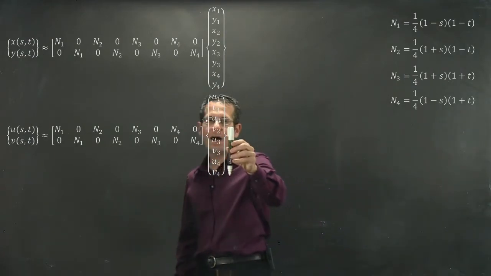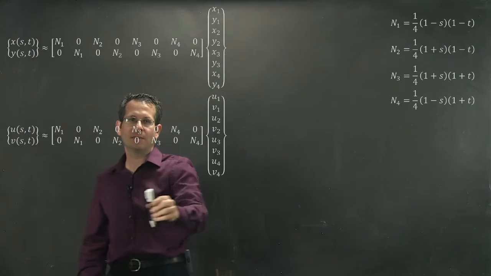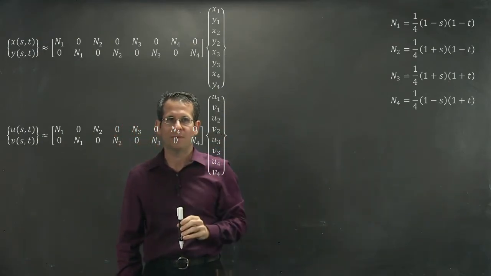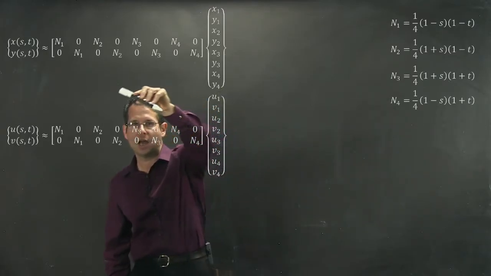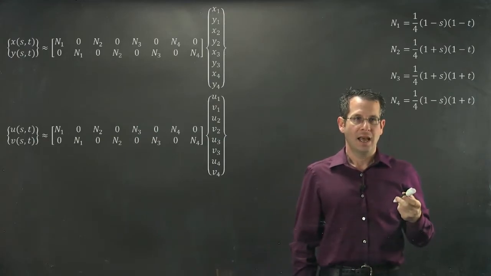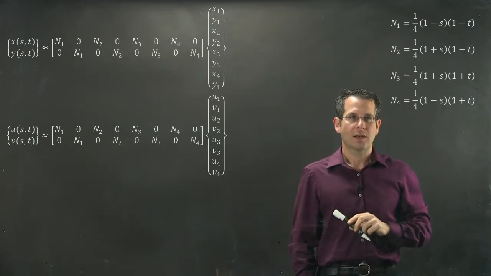All right, so now I have my displacement vector I'm trying to solve for times my shape functions, but these are now my shape functions in ST space.